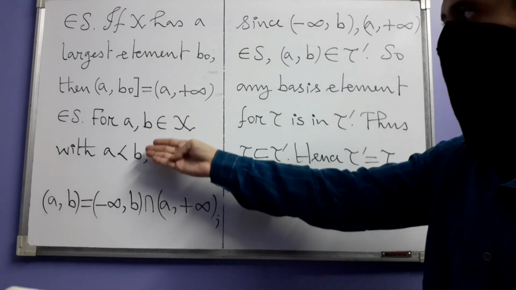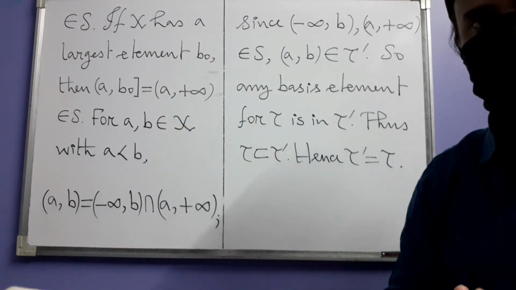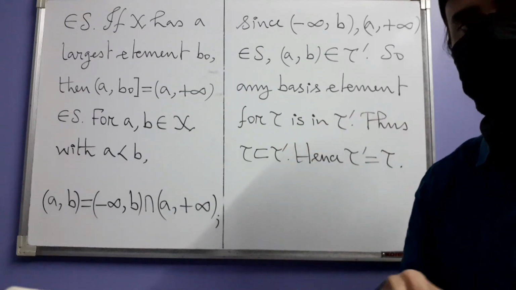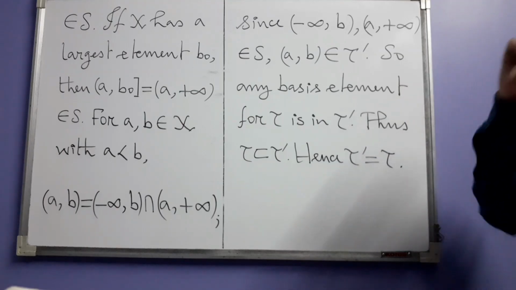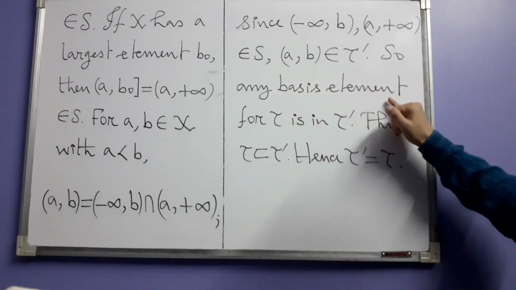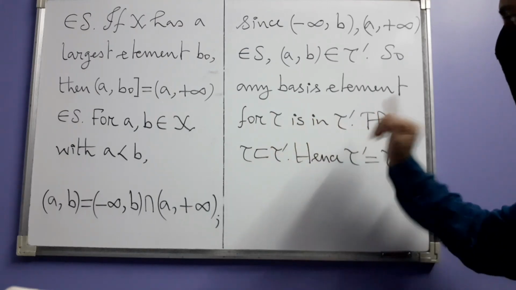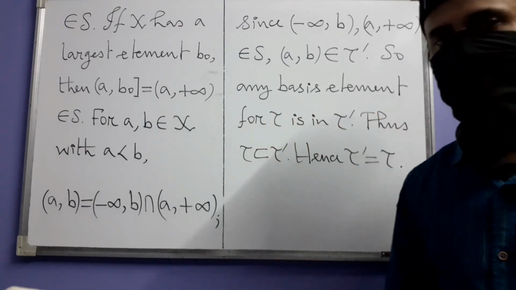And previously we also saw that the other two types of basis elements for the order topology, if they exist, are inside tau prime as elements. So we can now conclude: any basis element for the order topology tau is in tau prime. But then tau itself is contained in tau prime.